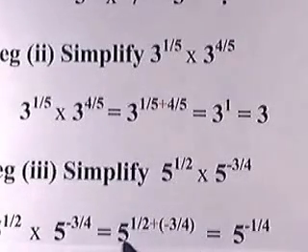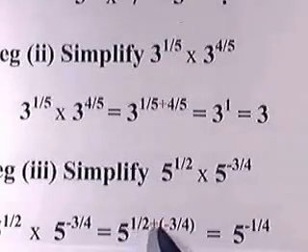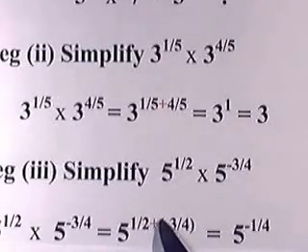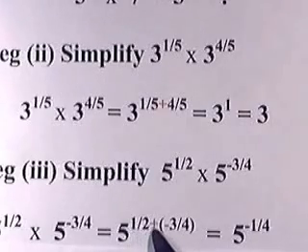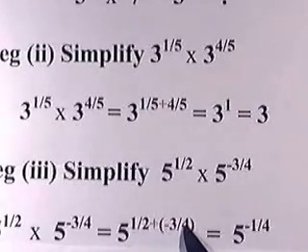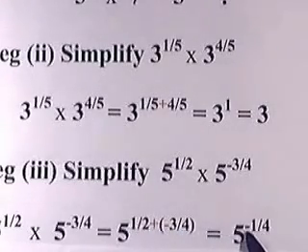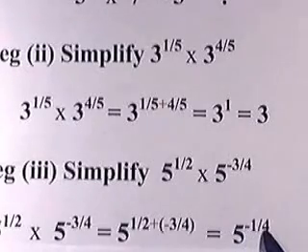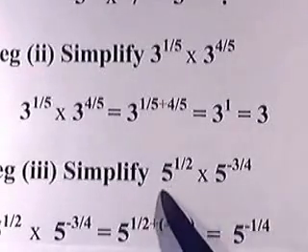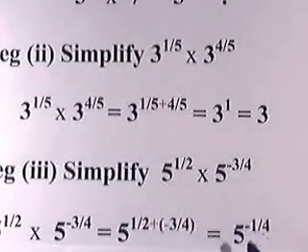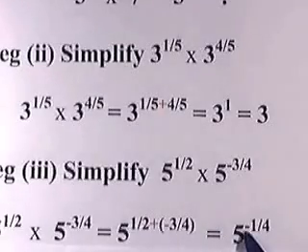So this becomes 5 to the power of a half plus minus 3/4. Now that plus minus will change to a minus, so it's really a half minus 3/4. Now a half minus 3/4 is minus a quarter. So this simplified is 5 to the power of minus a quarter.